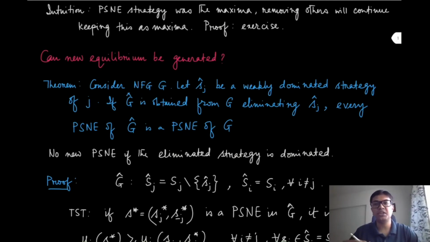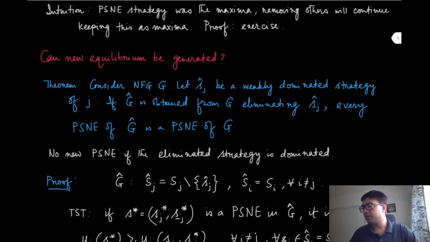But if you eliminated in a different order, then you possibly end up in a different pure strategy Nash equilibrium. That is entirely possible. In one of those eliminations, you have removed some of the pure strategy Nash equilibria of the original game, but you cannot introduce new pure strategy Nash equilibria, and that is exactly what this theorem is saying.